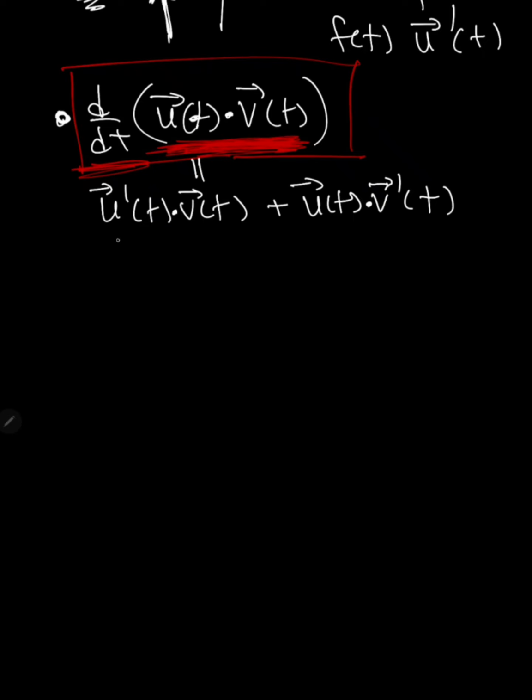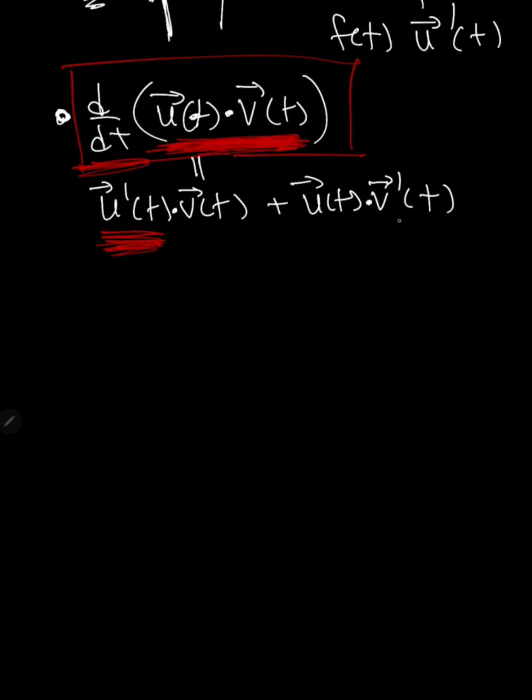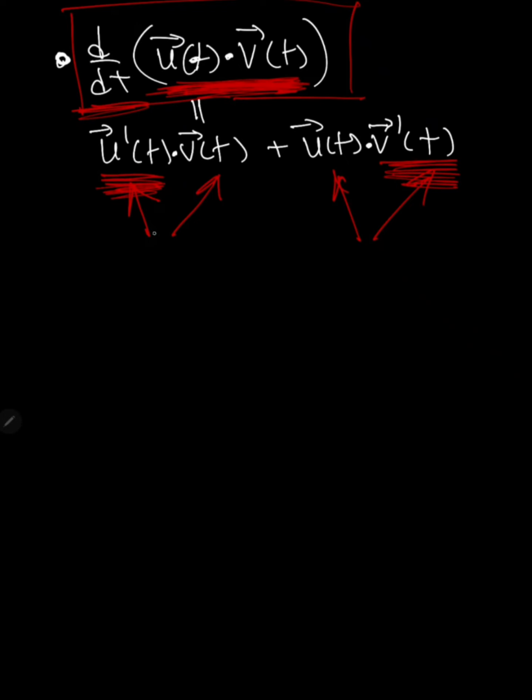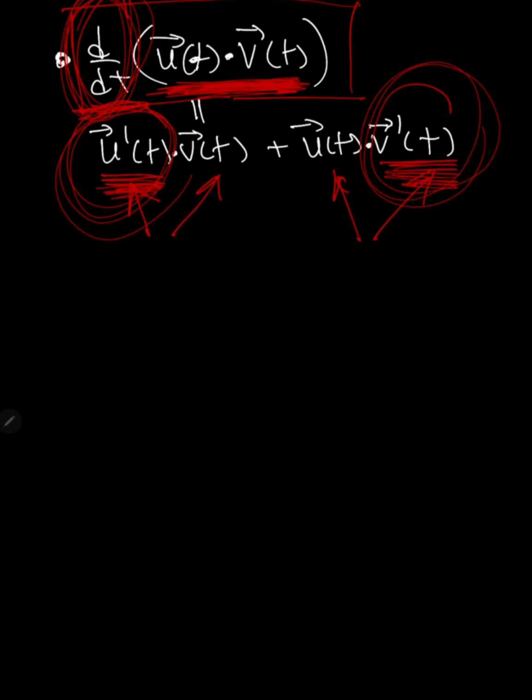Whereas down here, the derivatives are vector-valued function derivatives: u prime dot v, and u dot v prime. So the derivatives on each side of this equation are slightly different. The one on the left-hand side is just a one variable calculus derivative, whereas the right-hand side derivatives are vector valued function derivatives.